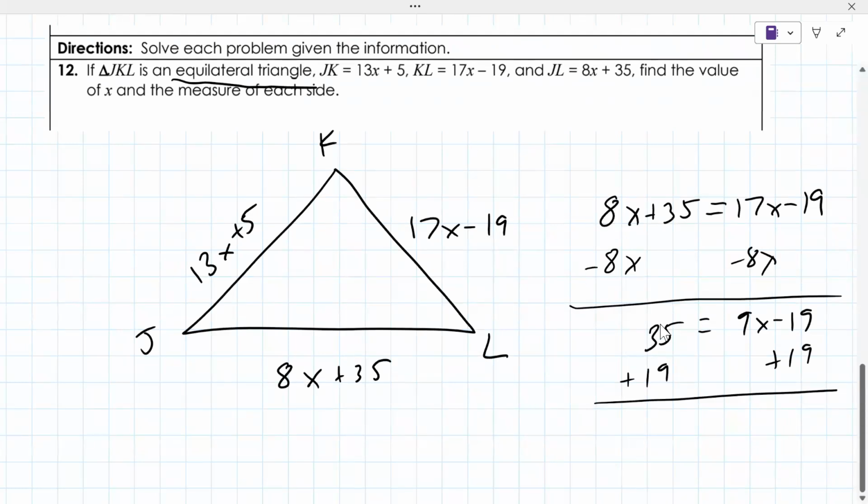Not 38. 35 plus 19. Oh, I was talking about the 19 plus 19. That's negative 19, that's why you add it, to undo the subtraction so that it cancels. That'd be 54. Okay, and then now you divide by the number in front of x.